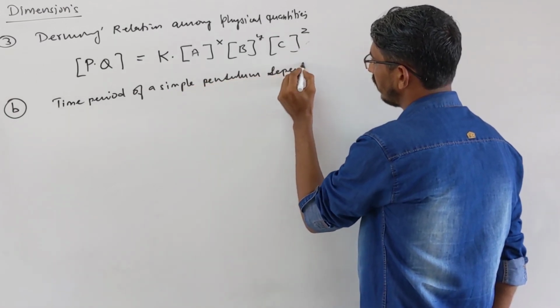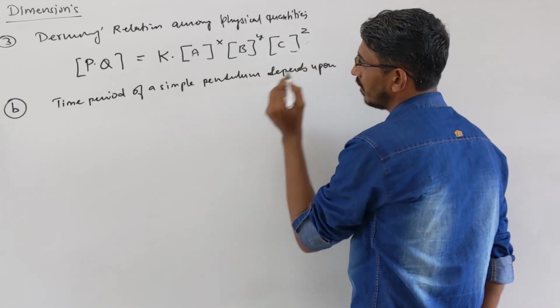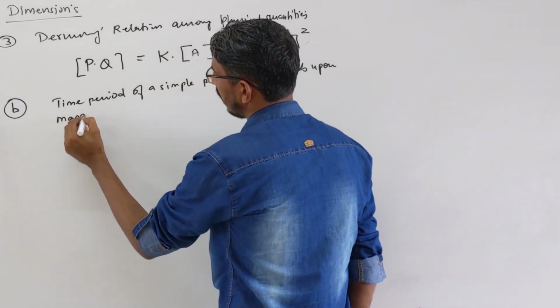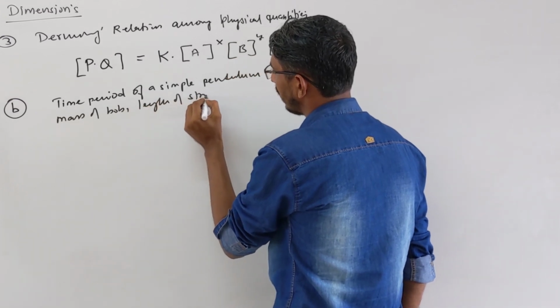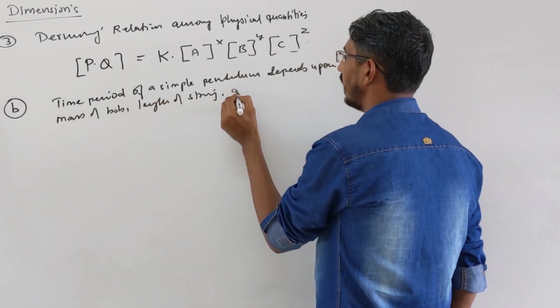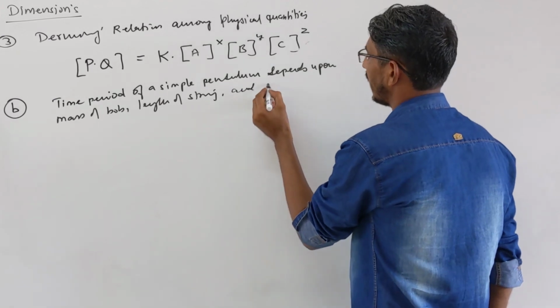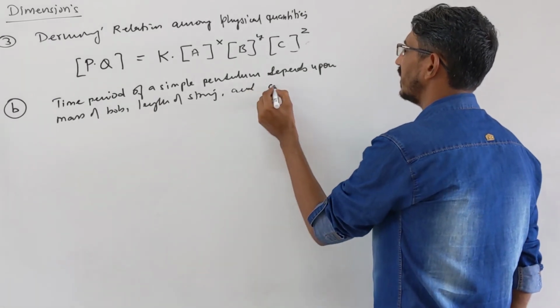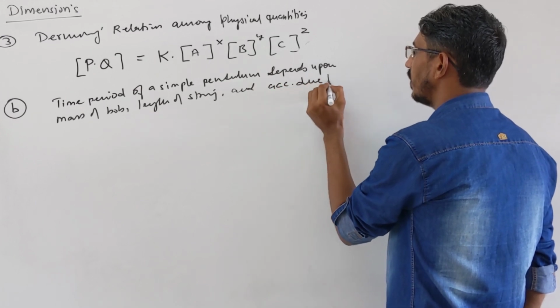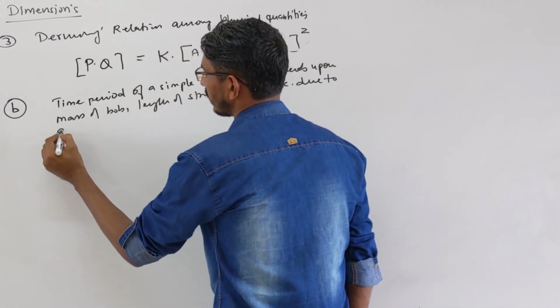Say the time period of a simple pendulum depends upon the mass of the bob, the length of the string, and the acceleration due to gravity.